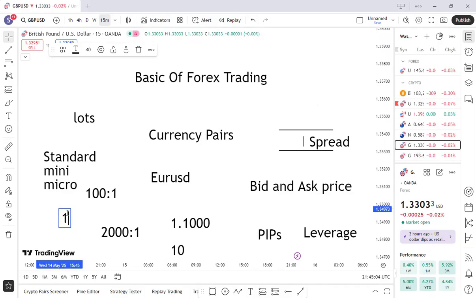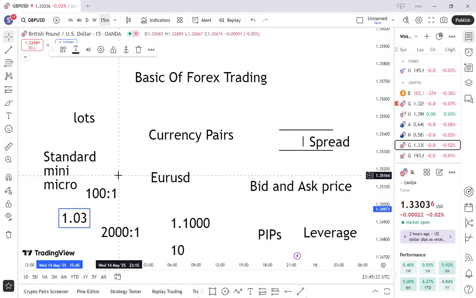So that is how you can identify the standard lot size, the mini lot size, and the micro lot size.